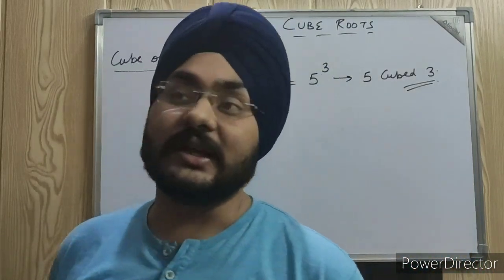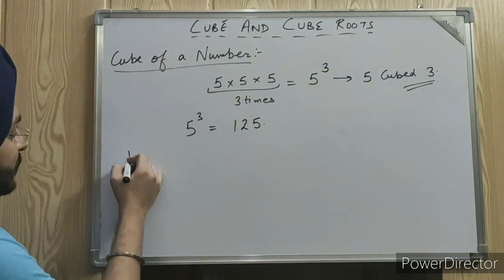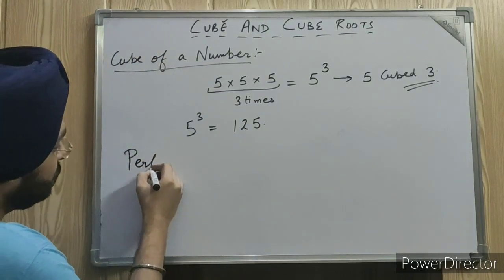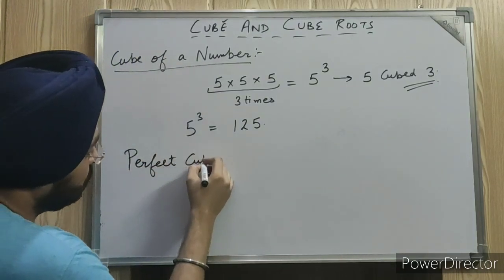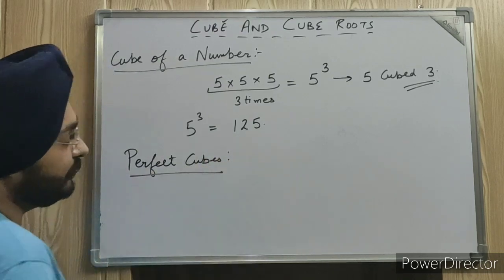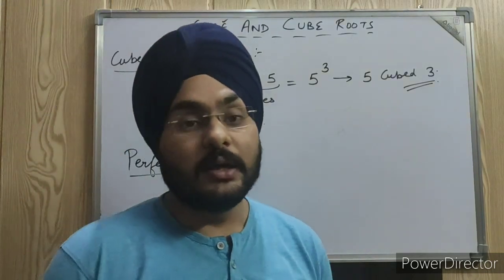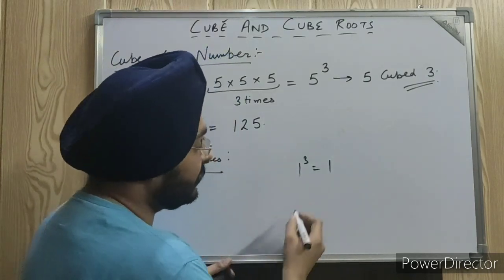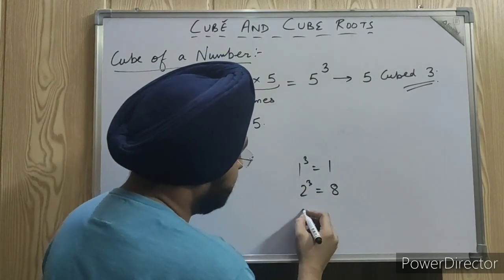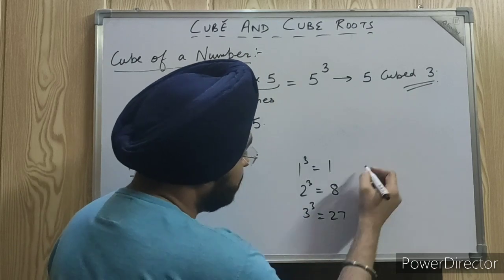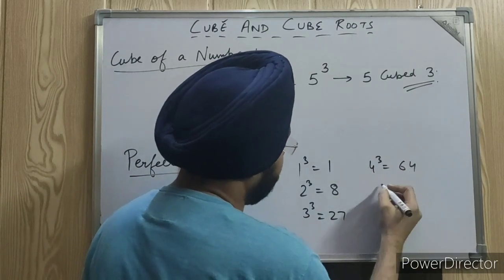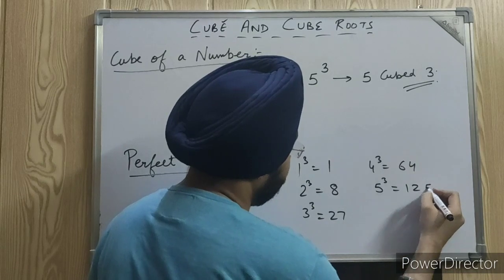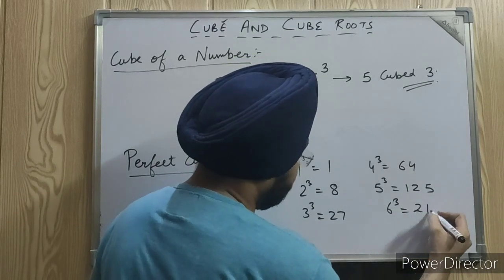Now we'll be discussing perfect cubes. What do you mean by perfect cubes? 1 cube is 1, 2 cube is 8, 3 cube is 27, 4 cube will be 64, 5 cube will be 125, 6 cube will be 216.